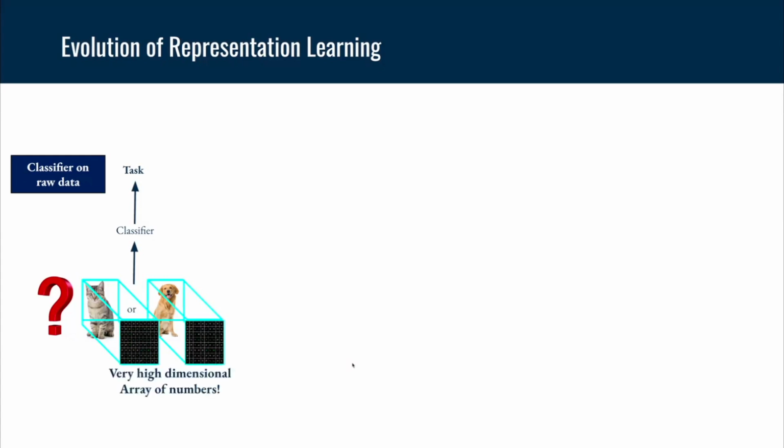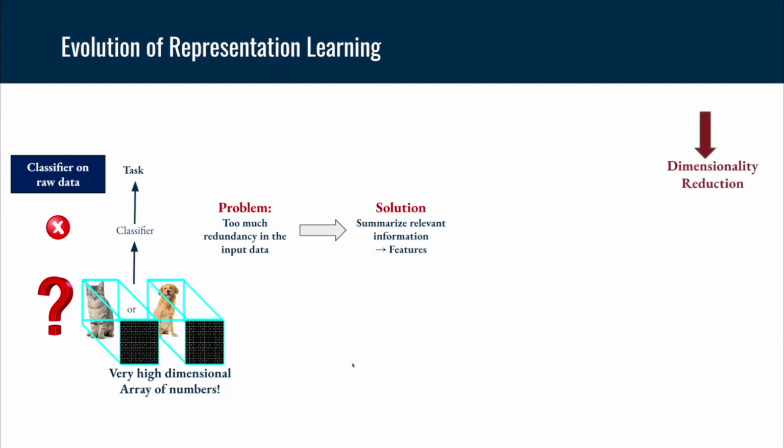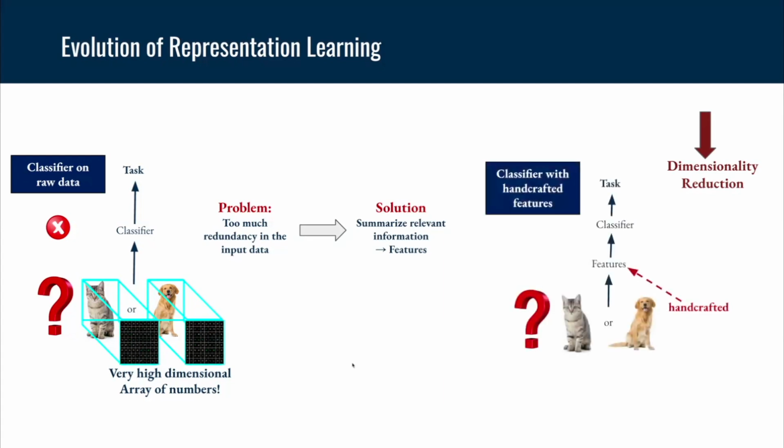So it was very difficult to actually solve this problem because there is a lot of redundancy. The features that distinguish cats from dogs were quite hard to capture. So what people started doing after this was, okay, we should try to summarize what is relevant for each of these items and summarize those features out, and basically try to learn a classifier from this. This is what we know today as dimensionality reduction. So handcrafted features.